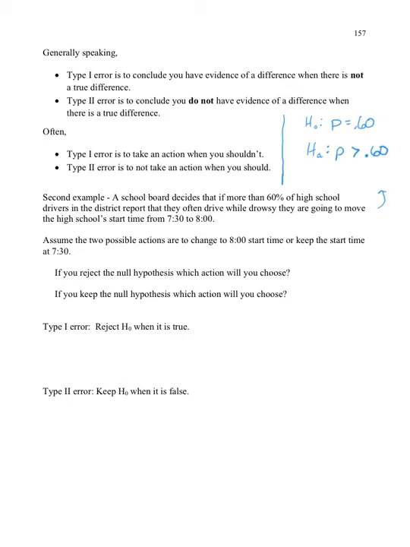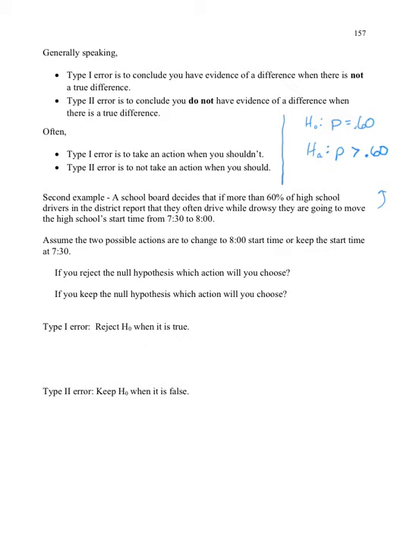And I see here that I should have added the hypotheses just to remind us what they were, so I've written that up here. The null was p equals 0.6, and the alternative was p greater than 0.6, coming from the fact that they are going to make their decision based on whether they see evidence that more than 60% of the drivers are driving drowsy.